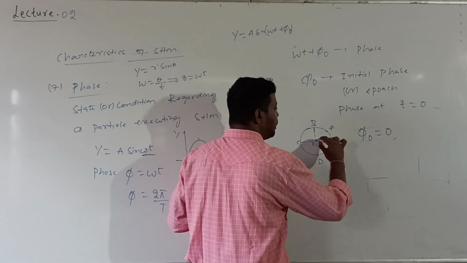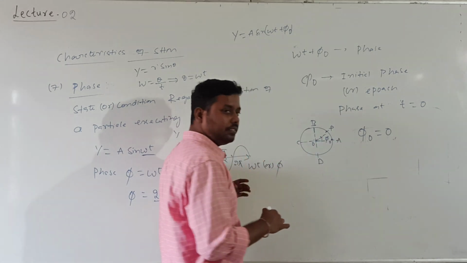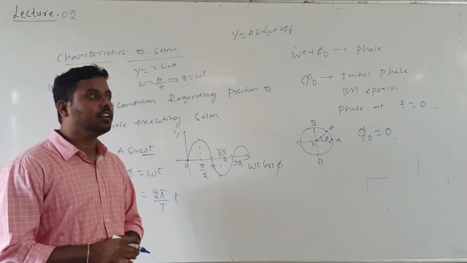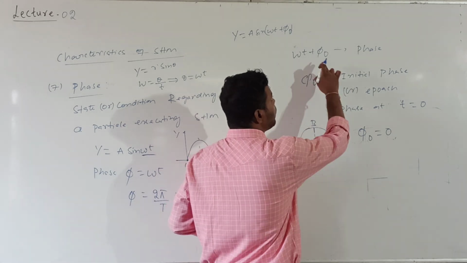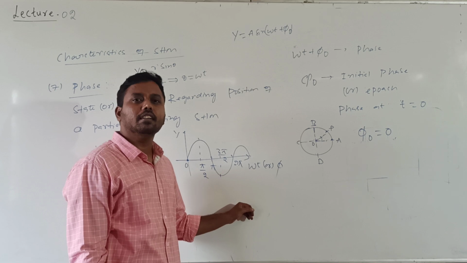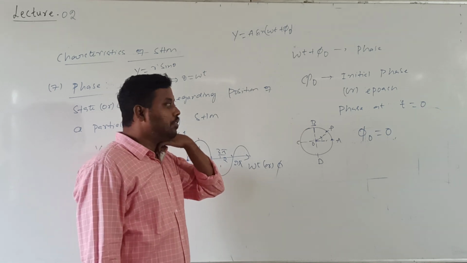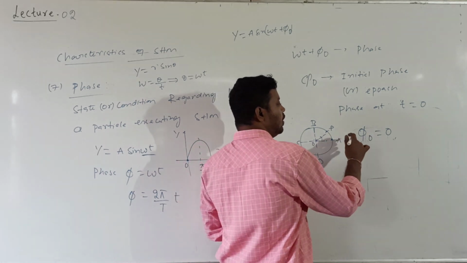For example, initially the particle was at P. When the particle was at P, the radius vector makes an angle phi naught. That time the displacement equation will become y is equal to a sin(omega t plus phi naught). Phi naught is called the initial phase. If the particle started the journey from the mean position, phi naught is 0.